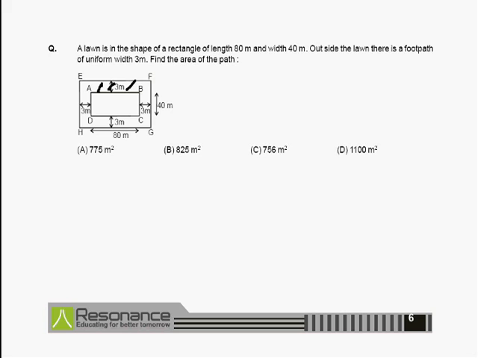This means this is the shaded portion. We have to find the area of this region. So this area can be found out by the area of the outer rectangle, that is EFGH, minus the area of the rectangle ABCD.